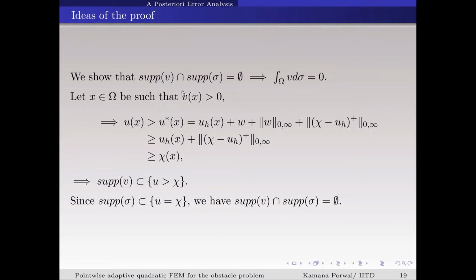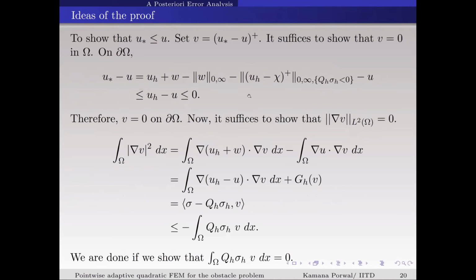So we have that the support of v is contained in the non-contact set, and we already know that the support of sigma is contained in the contact set. Hence, the two supports are disjoint, and we get the desired result. That is, we have that u is bounded above by u upper star.